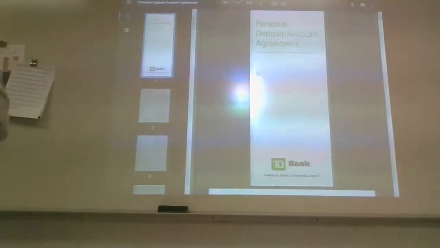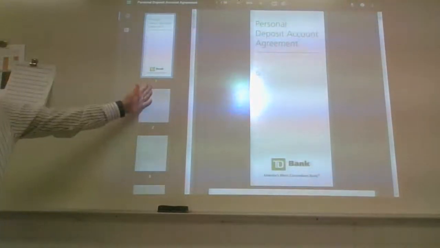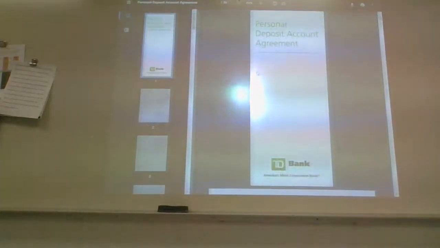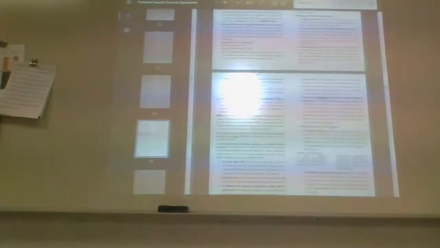See, the thing is, I didn't actually go through this 36-page agreement. I did not. I did a keyword search. You guys know how to do keyword searches? Control F. Check this out. If you Control F and then go compound, you find it.